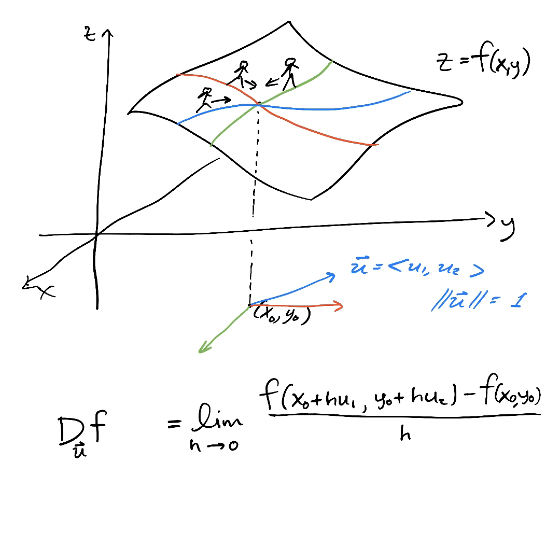This is the thing you're doing to the function f, and it's all happening at the point x naught, y naught. So that's the definition. And this quantity that you're computing, this object right here, is called the directional derivative.